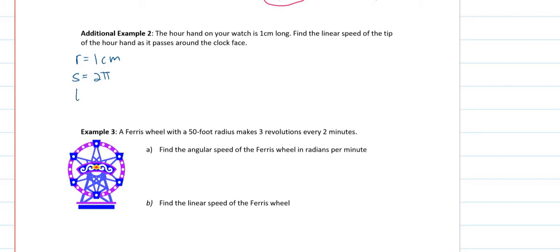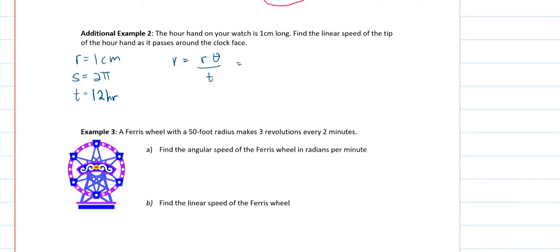And how long does it take the hour hand to go around the clock face? In this case, our time is going to be in hours, and the hour hand takes 12 hours to make one rotation. So our time ends up being 12 hours. So when we set up our equation, the speed is going to be equal to the radius times theta over the time.